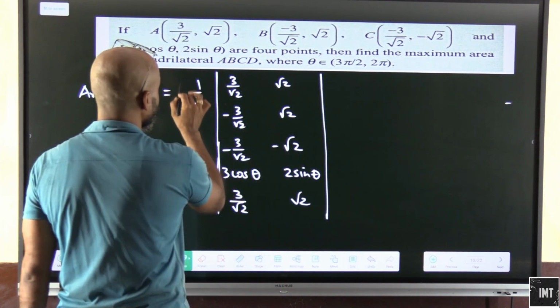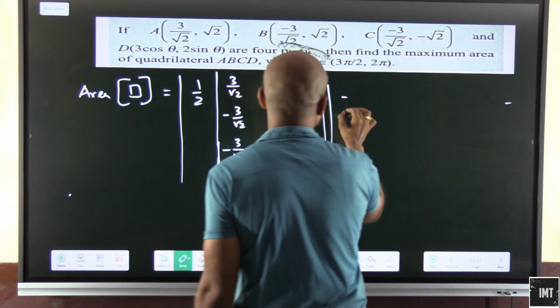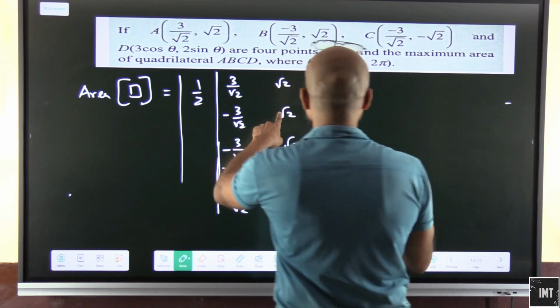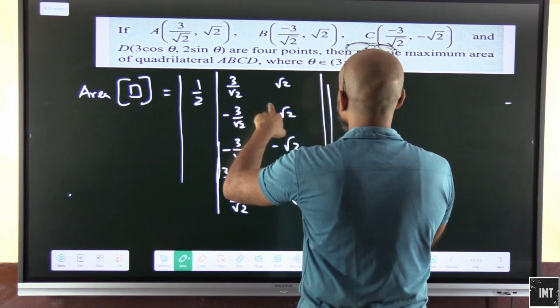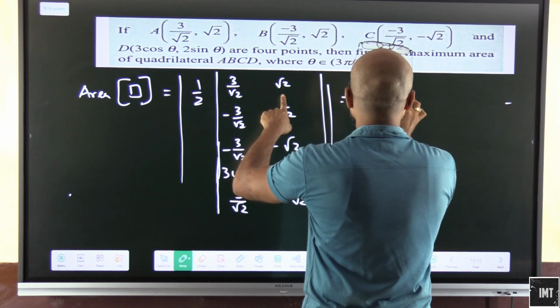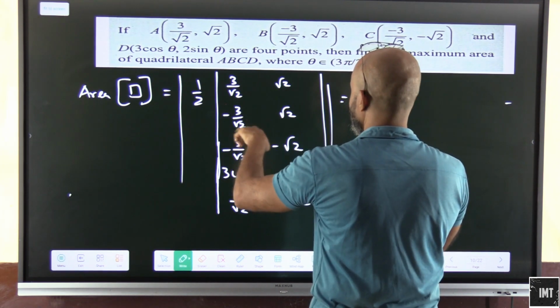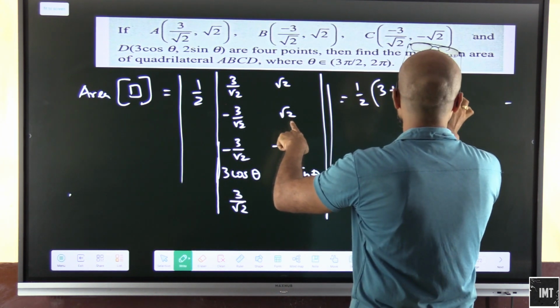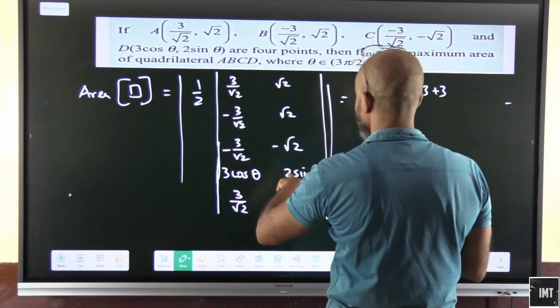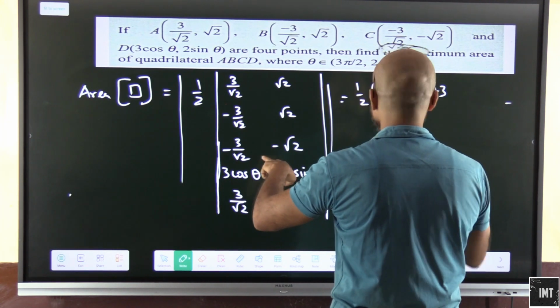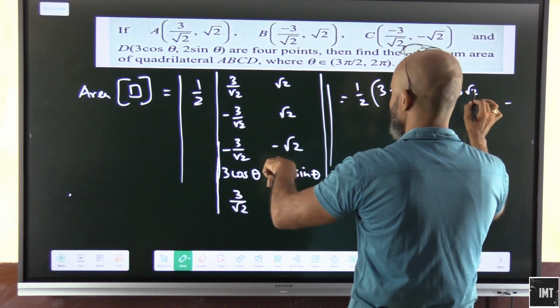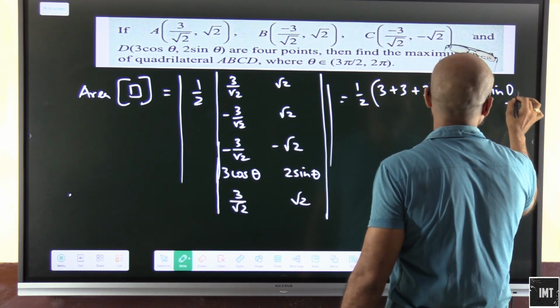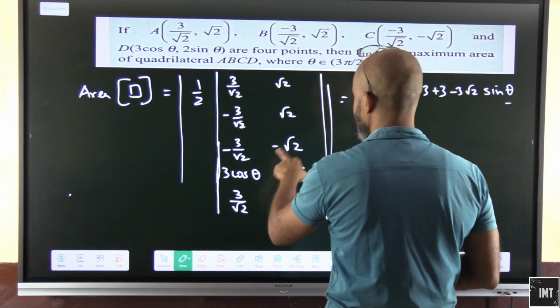Okay, this will basically be the mod of this value. So the mod of this value will be half, that will be 3 under root 2 into 2, that will be 3 plus 3, and this will again be under root 2, so this will be plus 3 minus 3, this will be plus 3, this will be 2 under root 2, so this will be minus 3 under root 2 sin theta, and this will be how much?